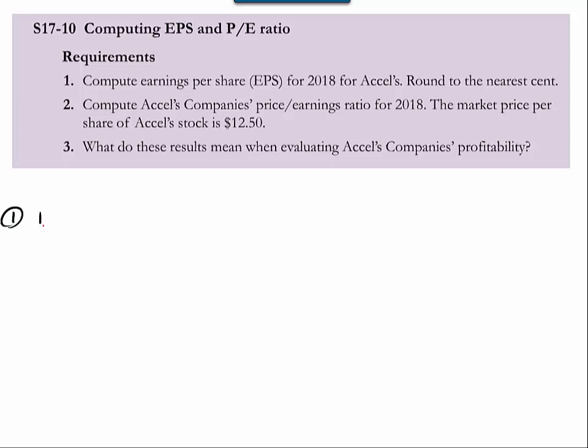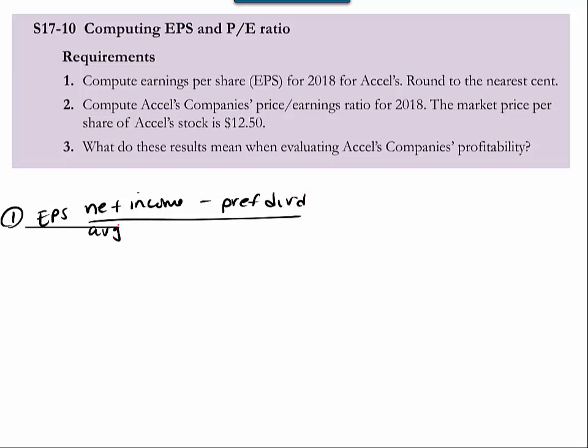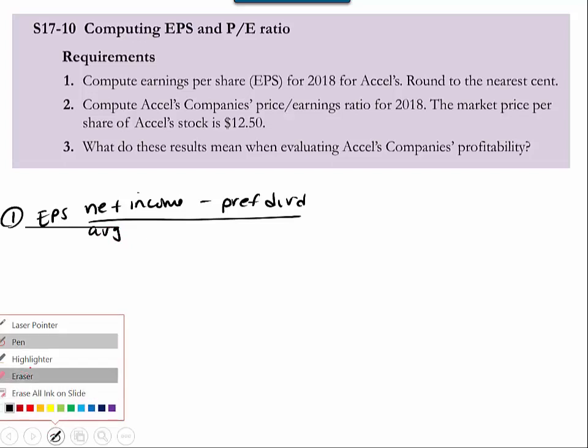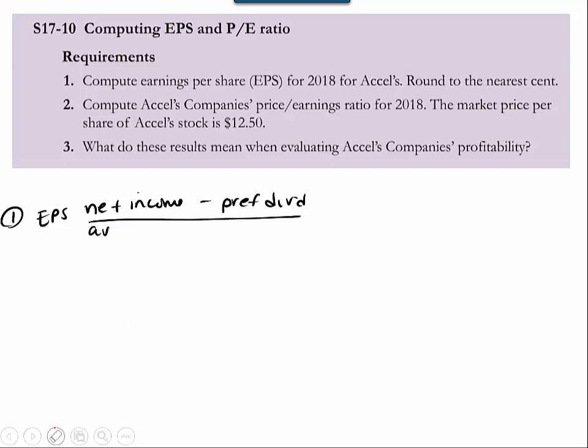So earnings per share, which was actually a couple slides ago, but that is the net income minus any preferred dividends, which we don't have, divided by the average, goodness gracious, the average common shares outstanding.